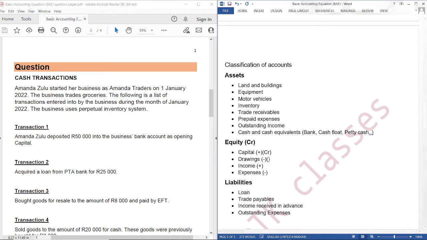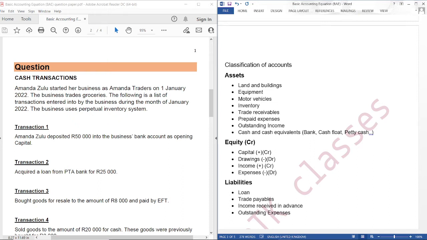Drawings, debit balance. Why? Because they decrease equity, right? So since they decrease equity, they are going to have opposite behavior, right? Then here, income, credit balance, because income increases equity. Expenses, debit balance. Why? They decrease equity, right?